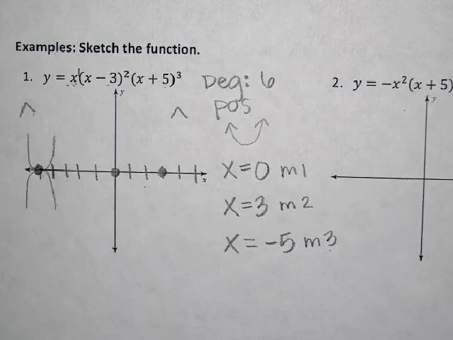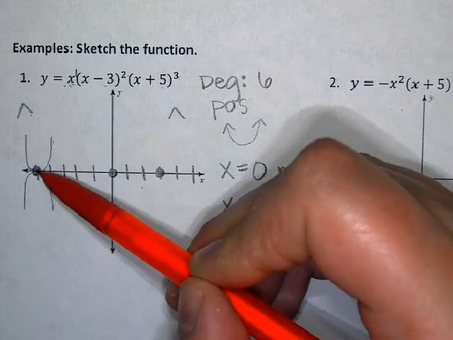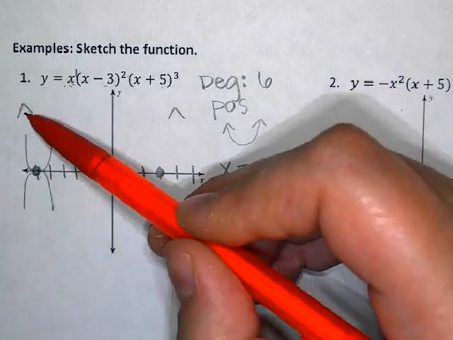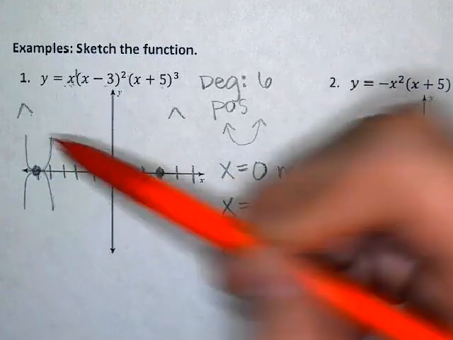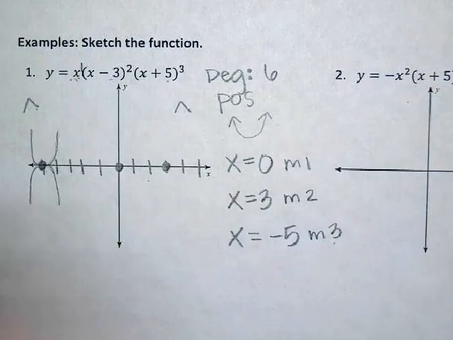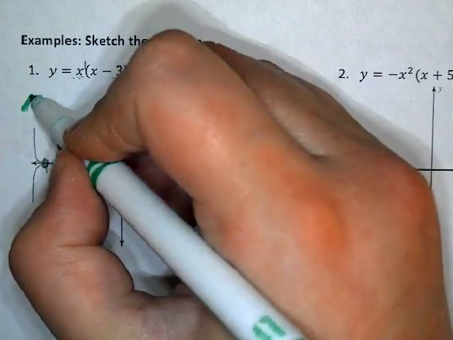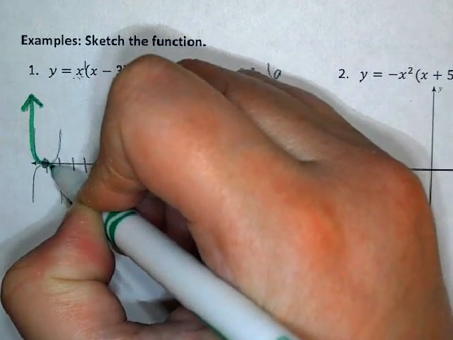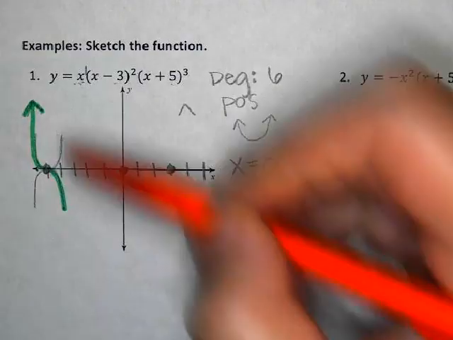Should I go down, level off, go down if I want to connect to the arrow? Or should I go up, level off, go up? I should go down. So I'm going to start with the arrow. Now that one makes sense because if I was to go up, I would have to cross back over to connect to the arrow, and that would be weird.